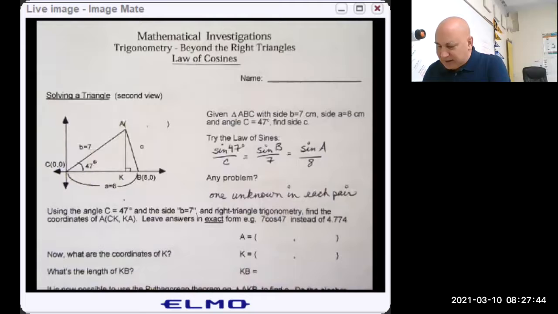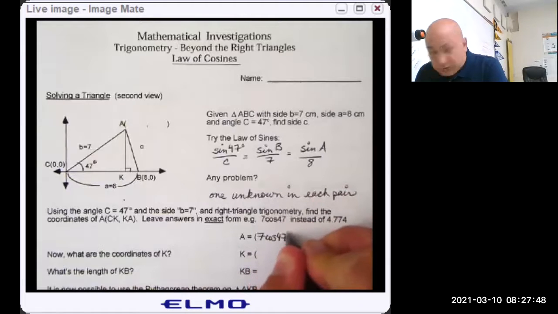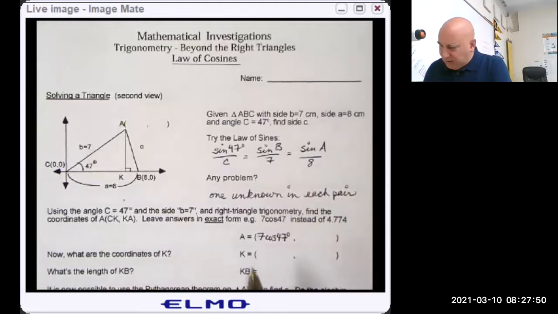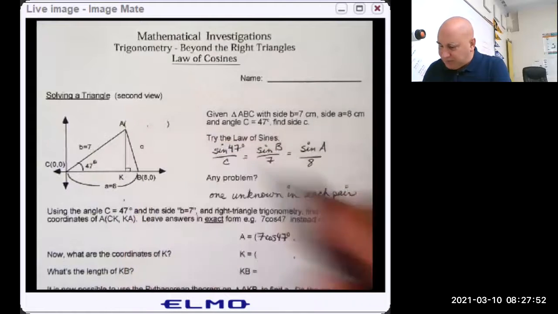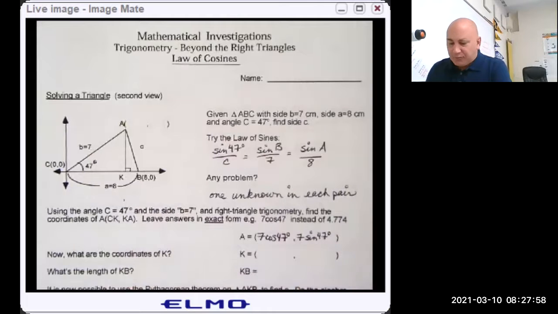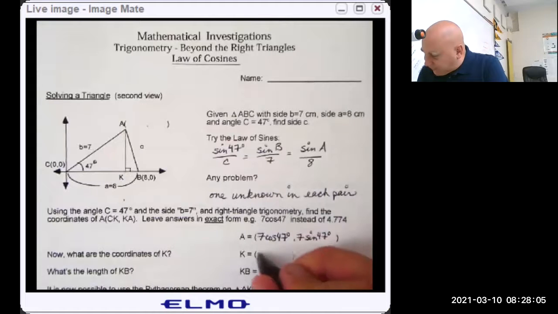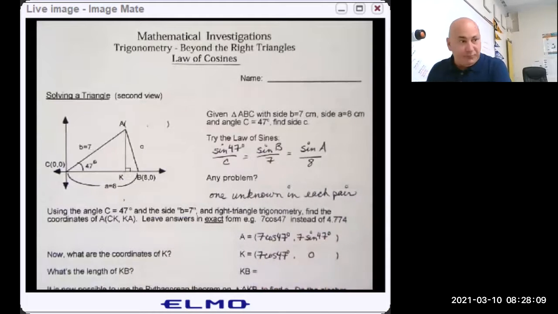So this adjacent side must be 7 cosine 47 degrees. And similarly, this value is going to be 7 sine 47 degrees. Now, what are the coordinates of point K right here? Well, that's just 7 cosine 47 degrees, 0.